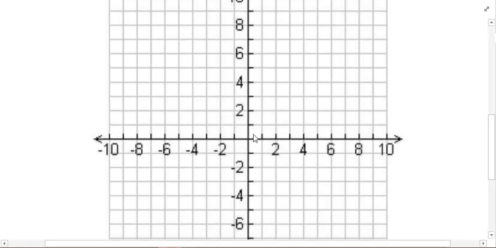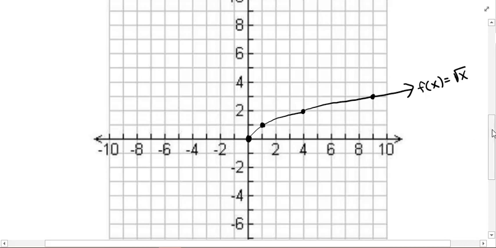For the square root of x, it starts at the origin, so it'll go through the origin, and then also on this graph is going to be the point (1, 1), and then (4, 2), and then lastly (9, 3). If we connect these dots, again, it starts at the origin. This is what f of x is equal to the square root of x looks like.